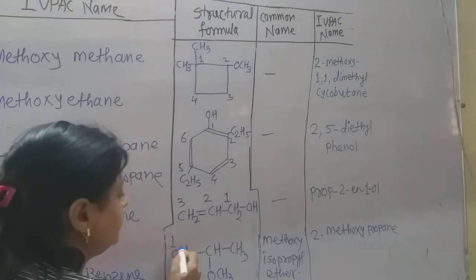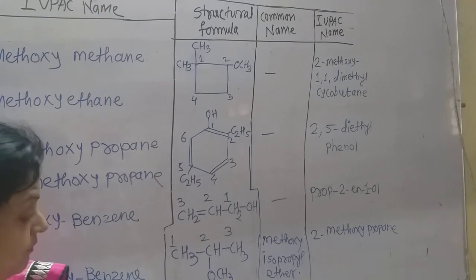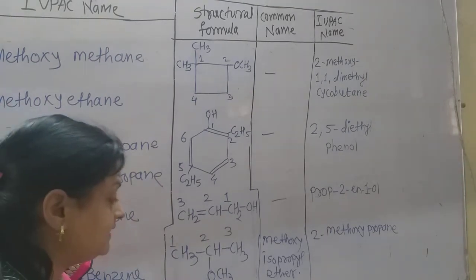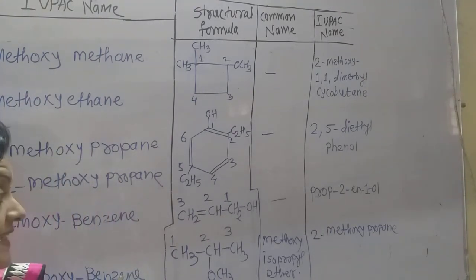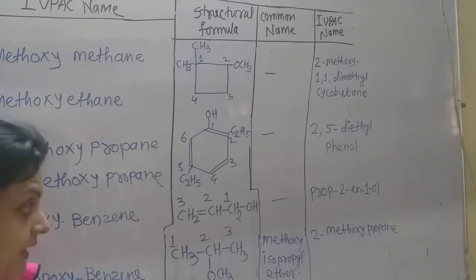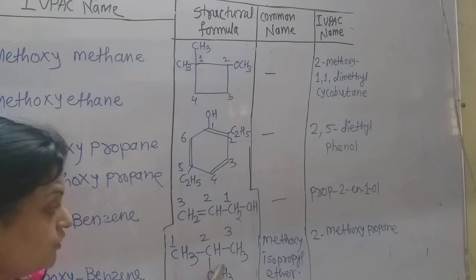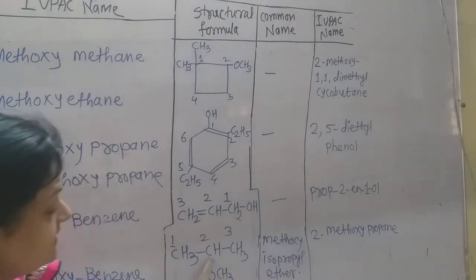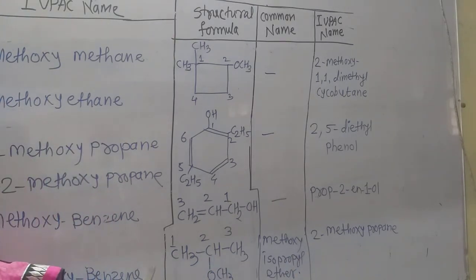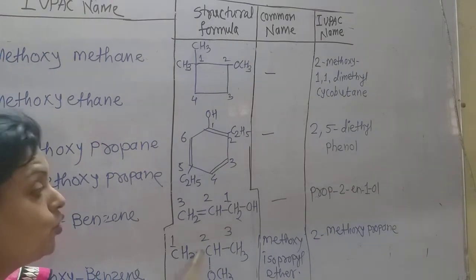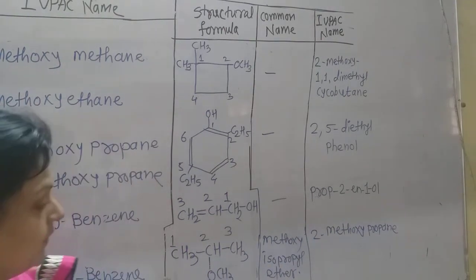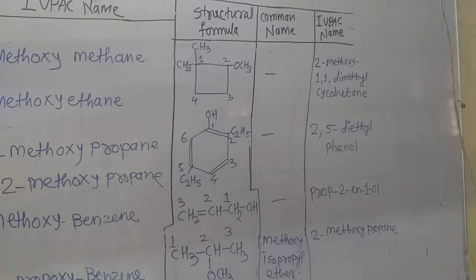Number from this carbon, 1, 2, 3. At the second carbon there is the oxygen attached. So the IUPAC name of this ether is 2-methoxypropane, because at the second carbon there is attached this methoxy group. So it is 2-methoxypropane. This is its IUPAC name.